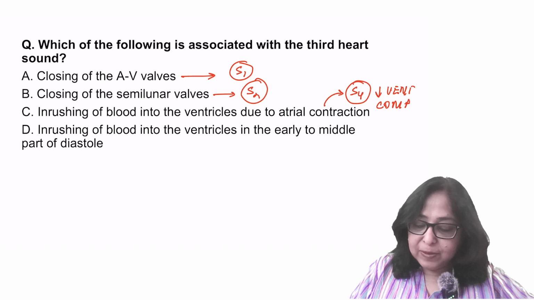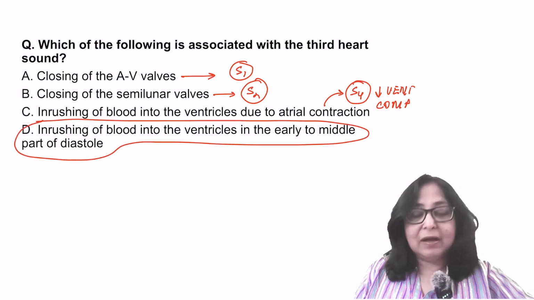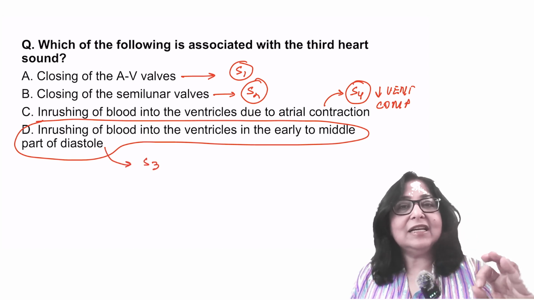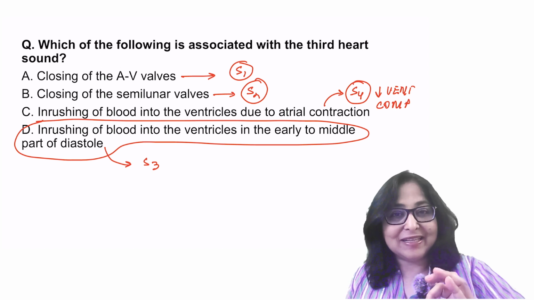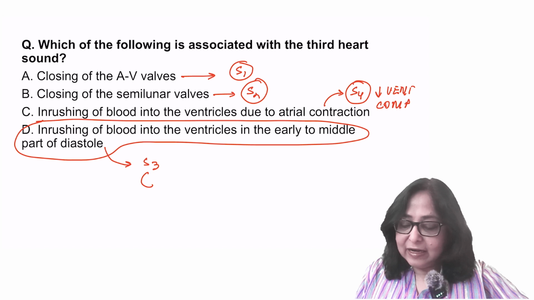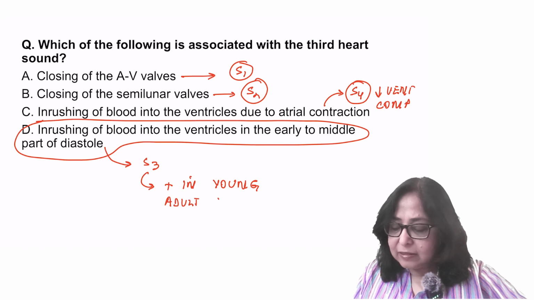The rushing of blood into the ventricles in the early to mid part of diastole is responsible for the third heart sound. Third heart sound is a very soft sound. It is not very easily heard. It will be heard in young adult males with a thin chest wall.